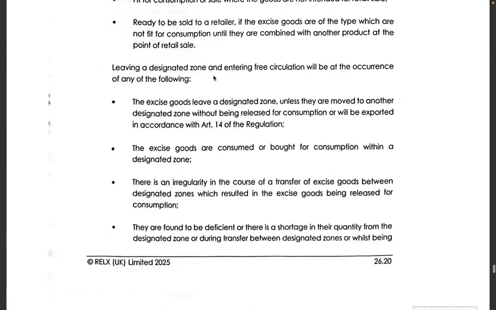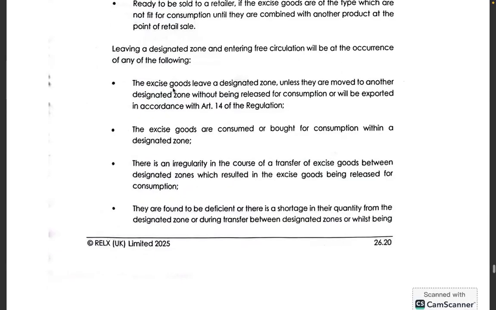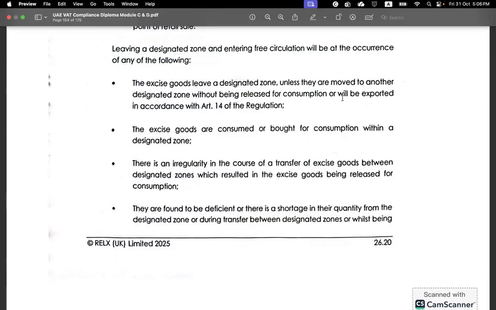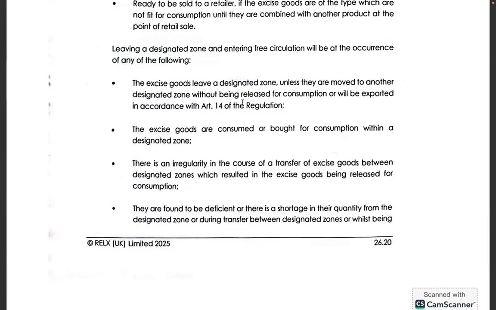Leaving a designated zone and entering free circulation will be at the occurrence of any of the following. The excise goods leave a designated zone, unless they are moved to another designated zone without being released for consumption, or will be exported in accordance with Article 14 of the regulation.